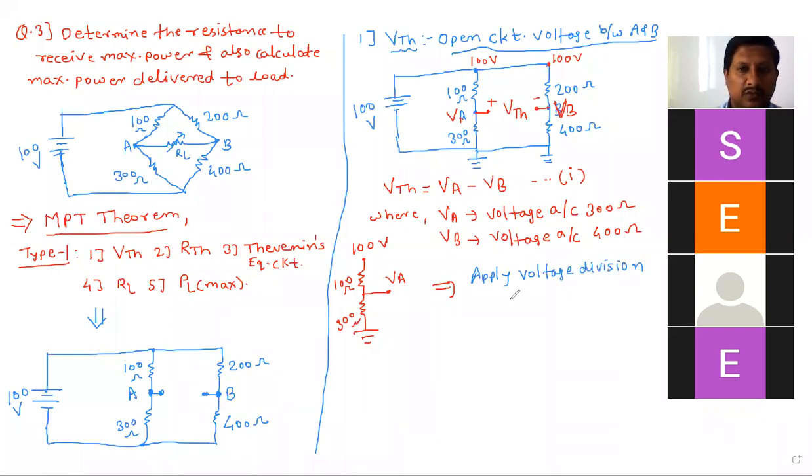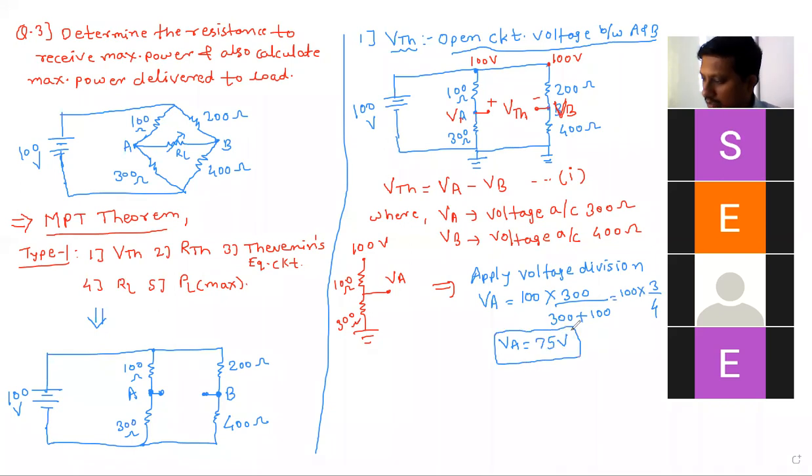Apply voltage division to find out VA. So VA is equal to total voltage 100 into 300, which you write in the numerator, divided by 300 plus 100. So if you are calculating, what is the answer here? 100 into 3 by 4 will come. So 75 will come. So we can get 75 as VA.